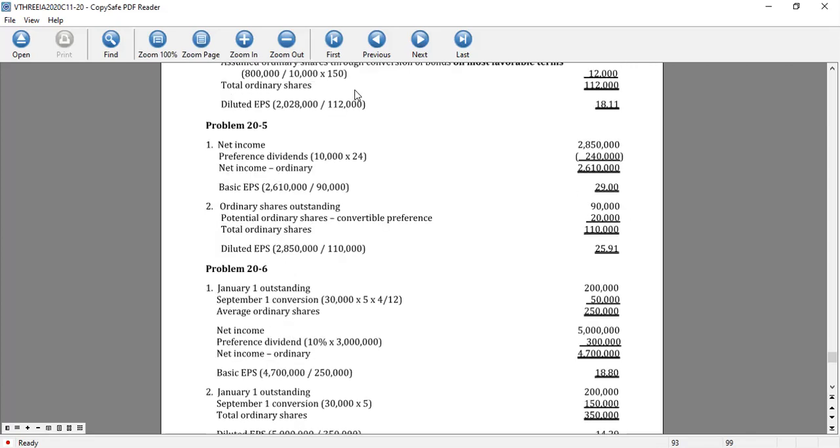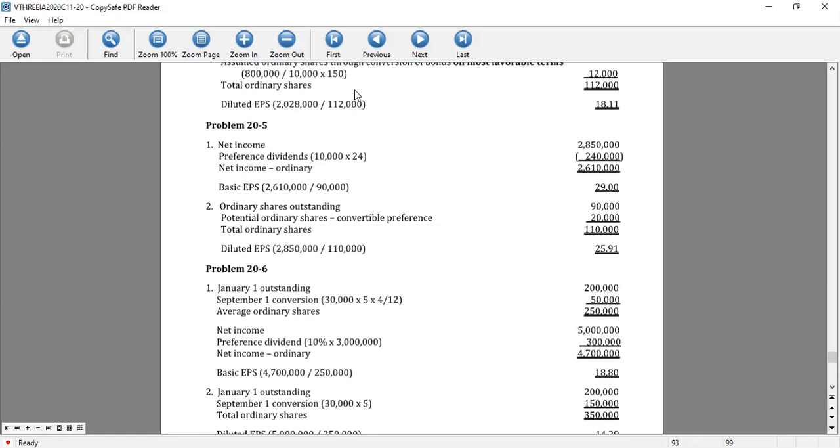Next, in 20.6, compute for the basic earnings per share and the diluted earnings per share. In 20.6, January 1, Judy Company had 200,000 shares with 50 par. In addition, on January 1, 2020, the entity had issued 30,000 convertible cumulative 10% preference shares with 100 par value.